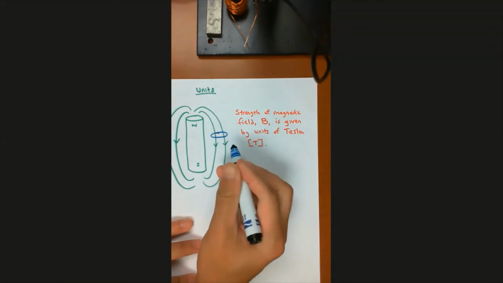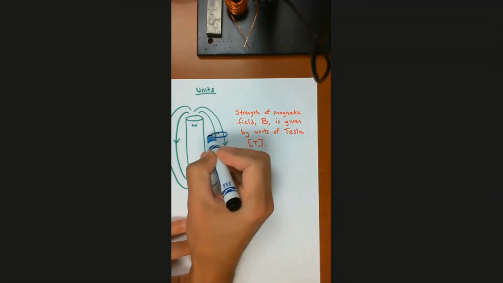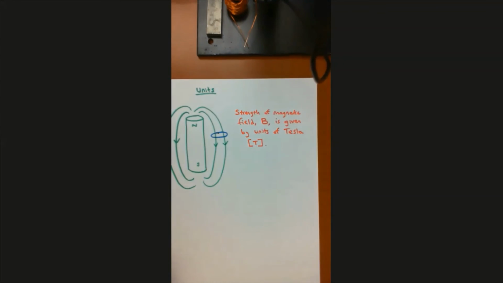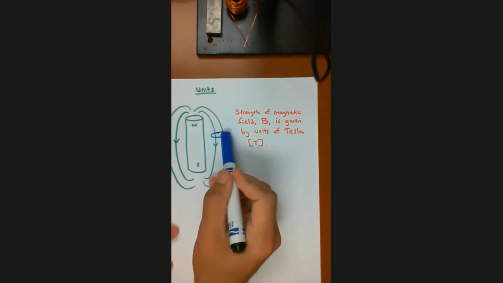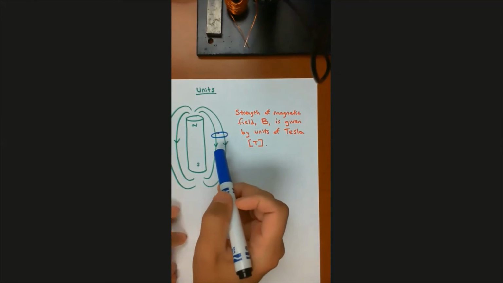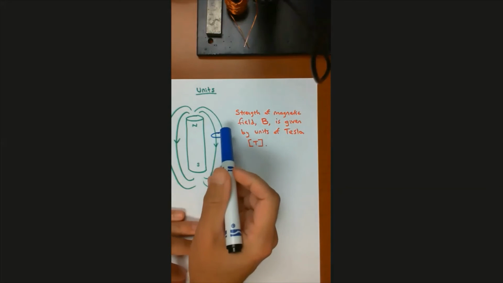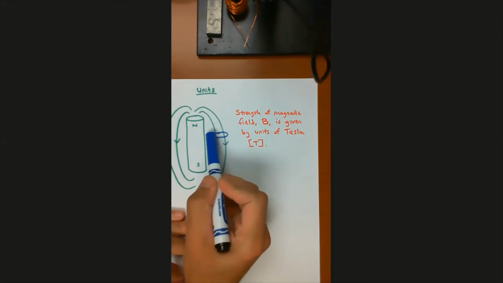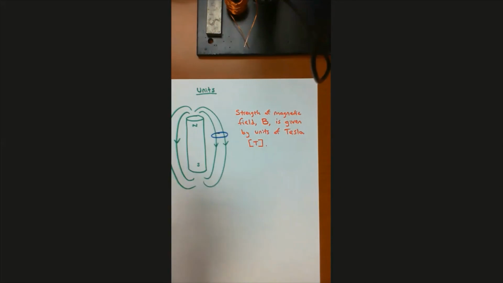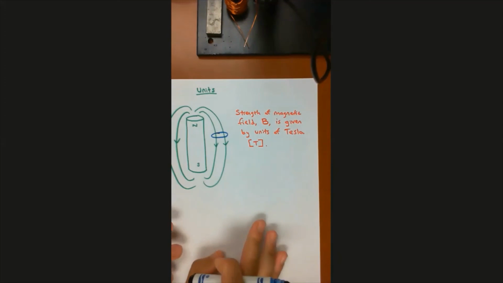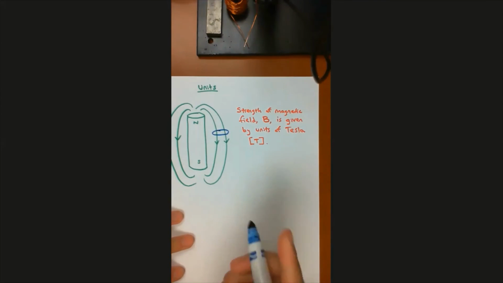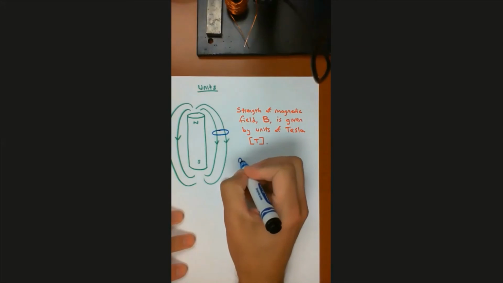So that's an area. Maybe there's a coil of wire right there. Right? That's actually what we're going to have in a generator. But let's say we've got a coil of wire, or for some reason we're interested in the magnetic field strength going through this area right there. So that's a different concept, and that is called magnetic flux.